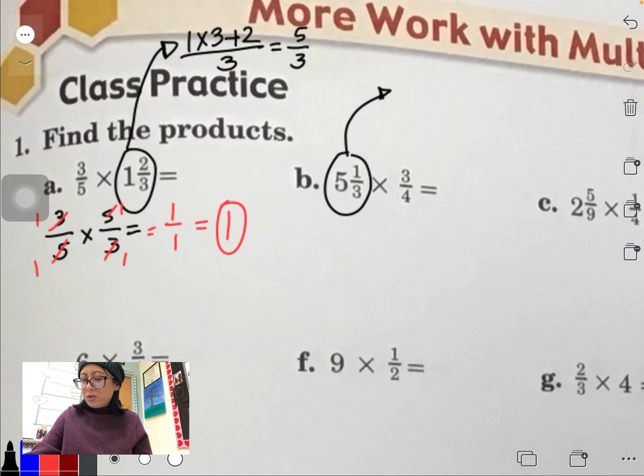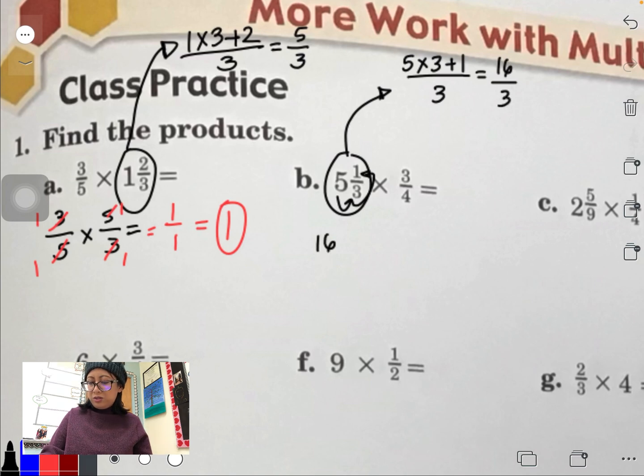So this would actually be 5 times 3 plus 1 over 3. So 5 times 3 is 15, plus 1 is 16. So that's 16/3 times 3/4. Ooh, I see where I can cross cancel at least. The 3 and the 3. I can also cross cancel 16 and 4.